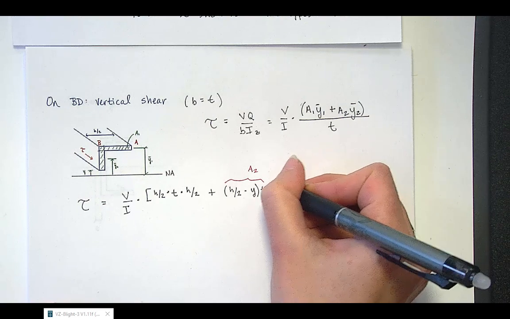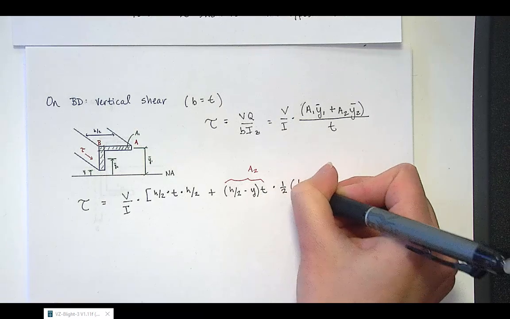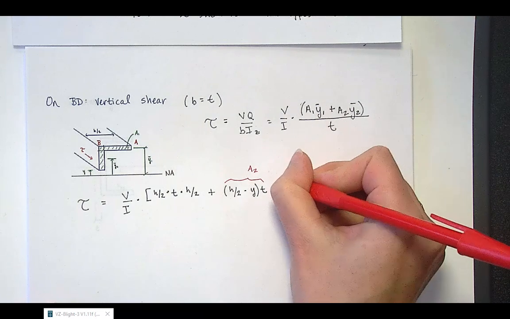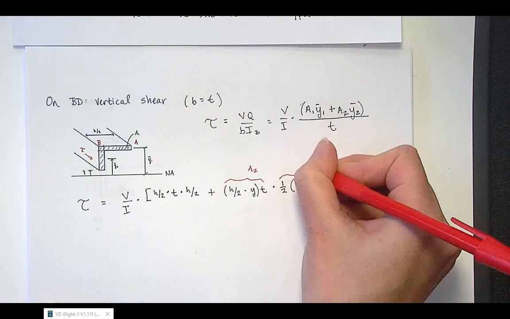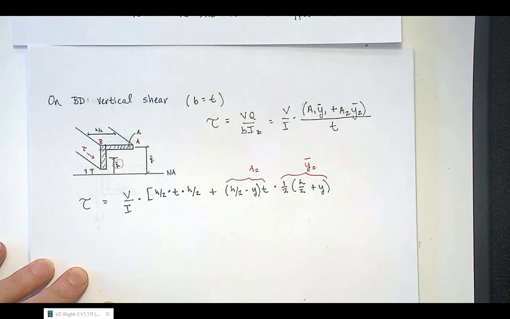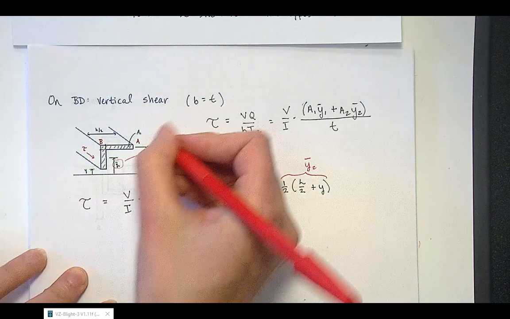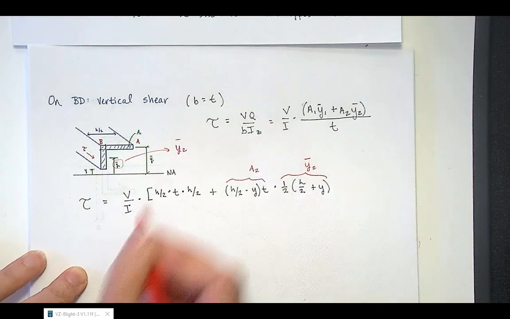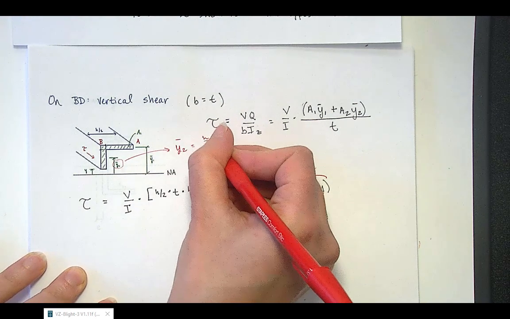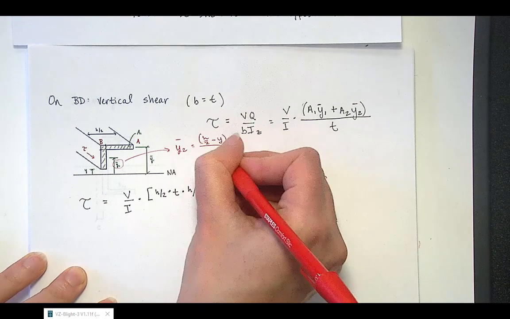So that simplifies to 1/2 times H over 2 plus Y. So here we're looking for this value, Y2 bar, right? And that's equal to, just filling in the gaps a little bit, H over 2 minus Y divided by 2 plus Y.